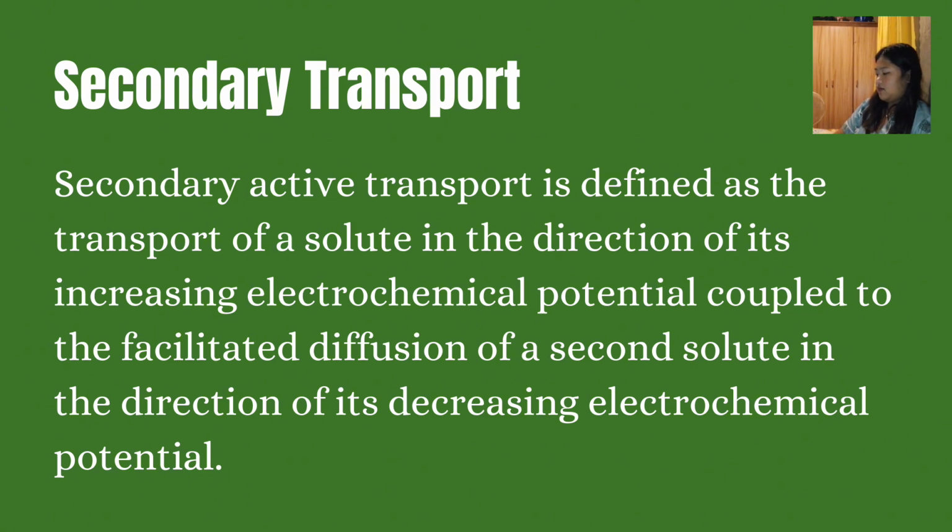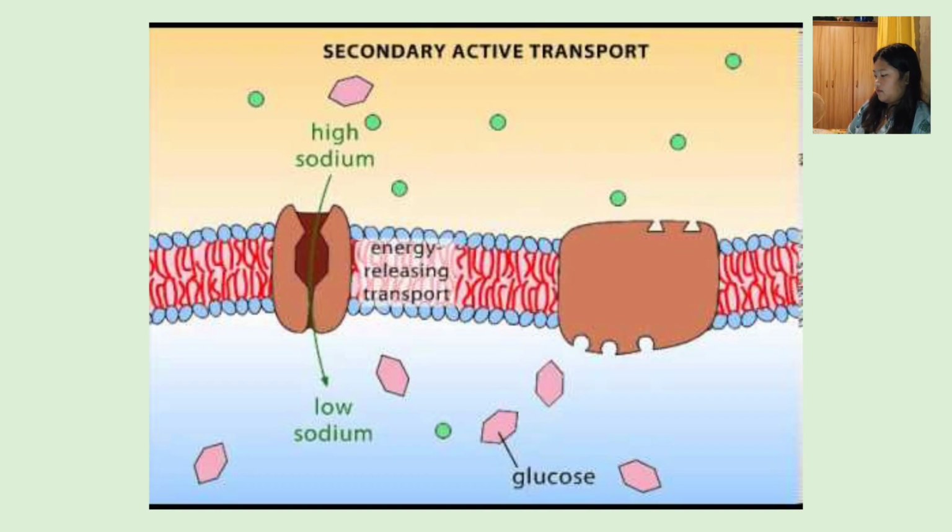So here, unlike the primary transport, it only allows movement from outside to inside of the cell membrane, and it also starts from high concentration to low concentration, as we can see in the picture.